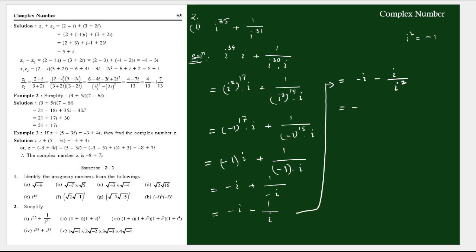So what do we find here now? This is minus 1 and here we have i. So minus 1 will become plus 1. So minus i plus i, now we will get 0. This is your answer. Okay.